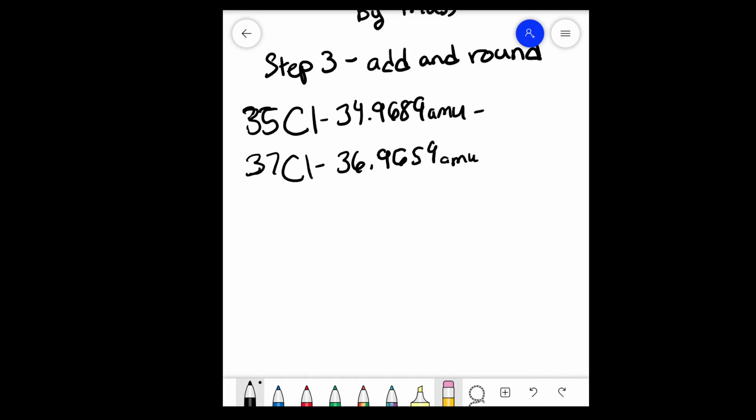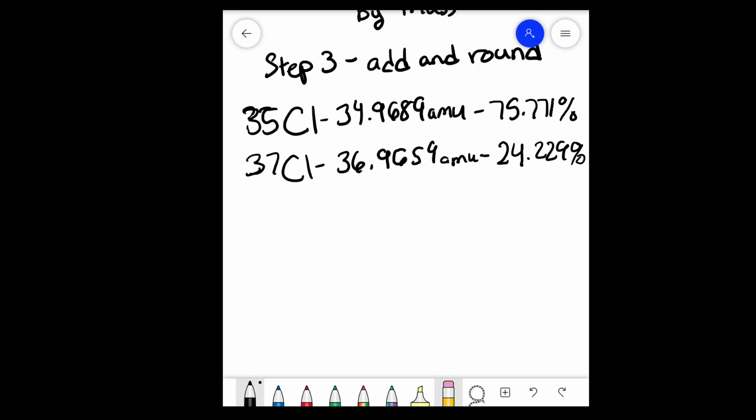And in nature, chlorine 35 occurs about 75.771% of the time, while chlorine 37 only occurs 24.229% of the time. So, now we just use the steps.